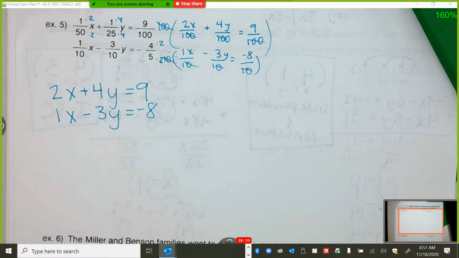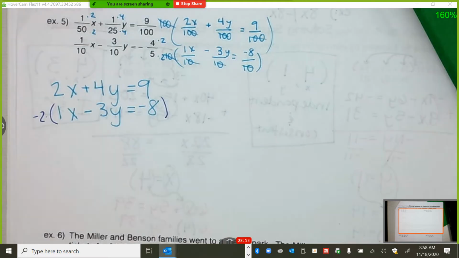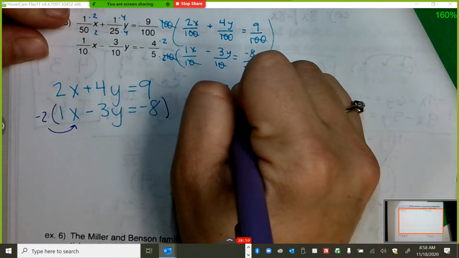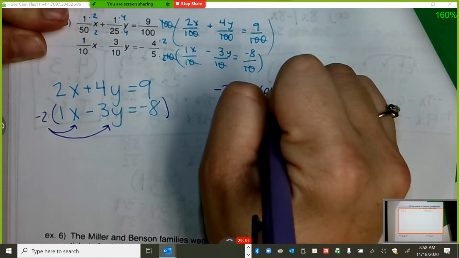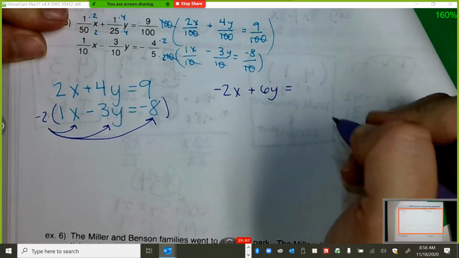Okay? So what do we want to eliminate? We need to make a zero pair. X's, why? What kind of 2? Negative 2. Okay? Because remember, one has to be positive and one has to be negative. So this becomes negative 2x plus 6y, remember we're multiplying, equals positive 16.